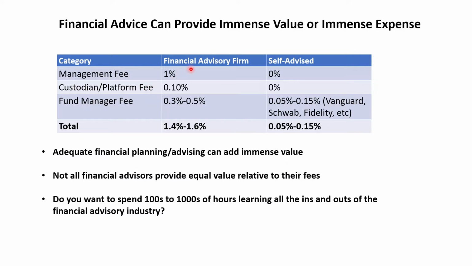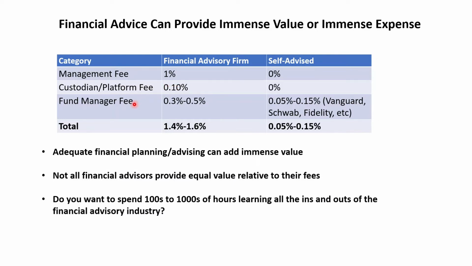So we can see a financial advisory firm typically charges you a management or advisory fee of about 1%. So if you're giving them $1 million, they're charging you 1%, or about $10,000 a year, just to provide advice. The next thing is the custodian fee. Typically, financial advisors will have the assets custodied at a certain bank or institution, and that institution charges a fee, roughly around 10 basis points.